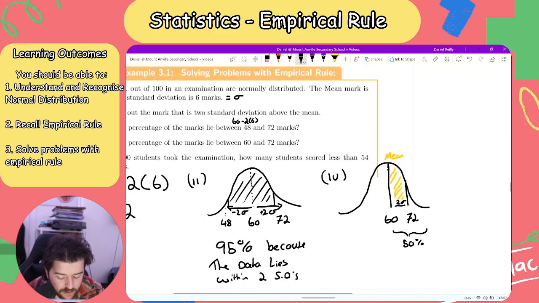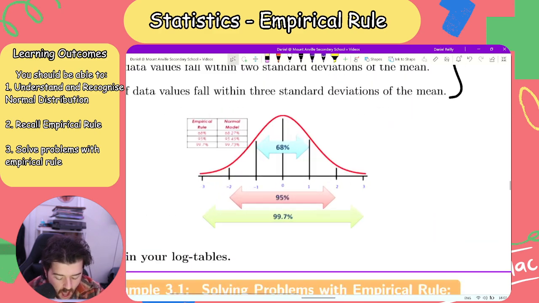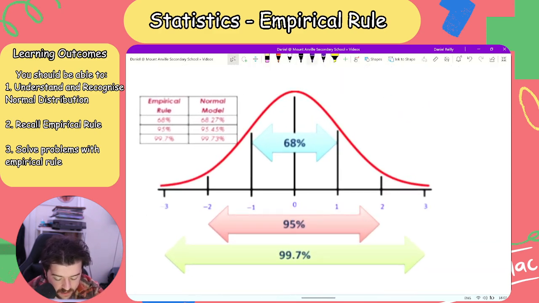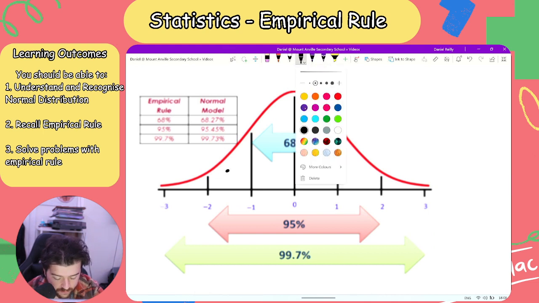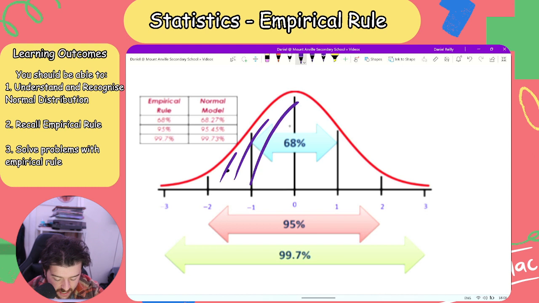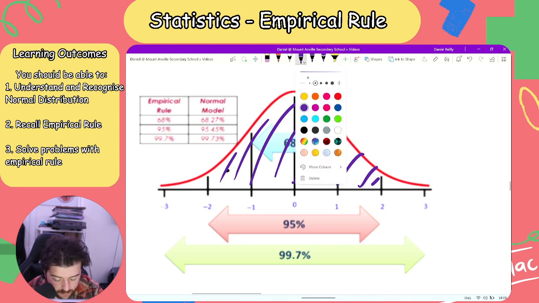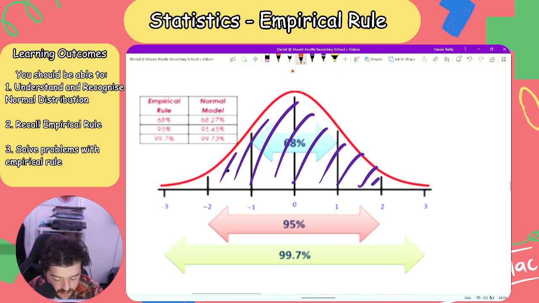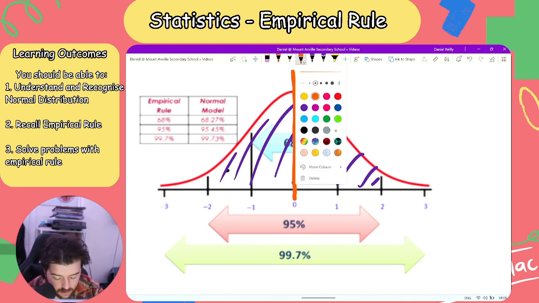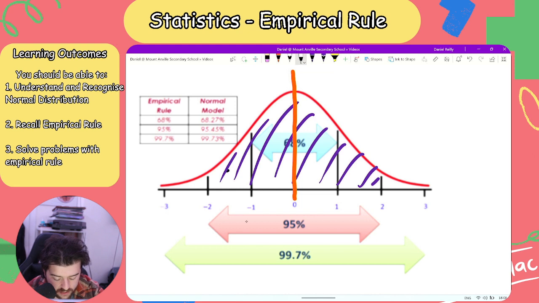So if we go back up to my diagram here, I know 95% of my data lies here. But, right, using my symmetrical property of the normal distribution, remember I said it's perfectly symmetrical, right? Down the middle. This whole total is 95.